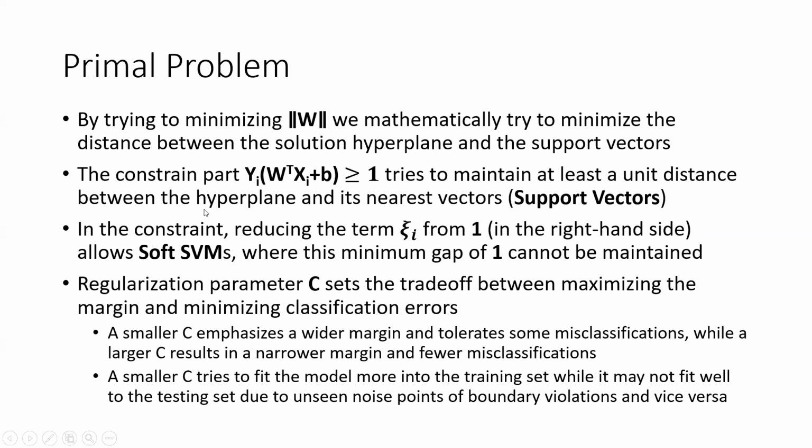Unlike other machine learning algorithms like linear regression or logistic regression, where we have to consider all the data points, with support vector machines we don't have to think about the other data points. So this is very useful when it comes to non-linear data, right?